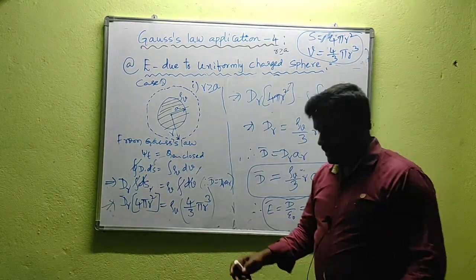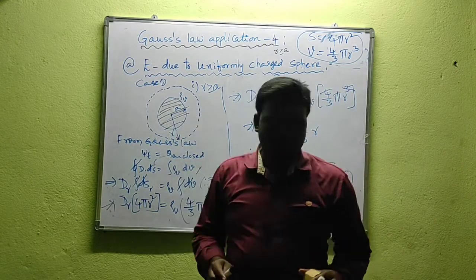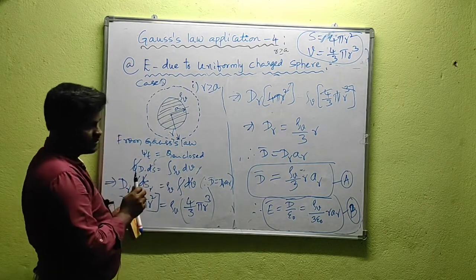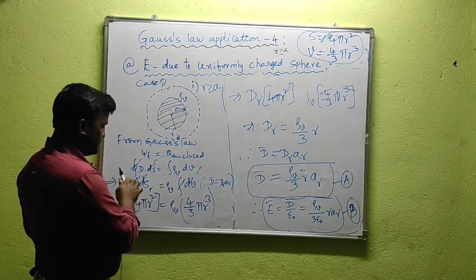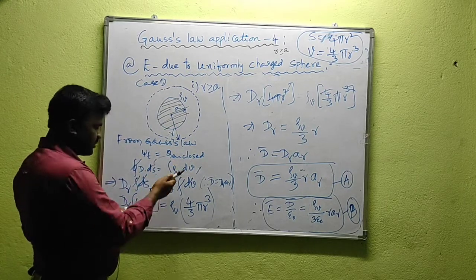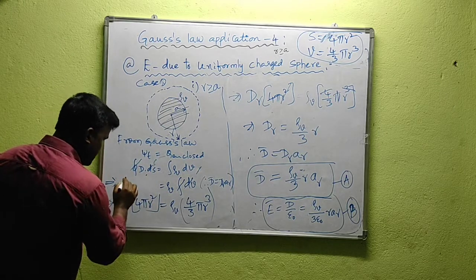Now tell me, what about the enclosed region? This black one is the enclosed region. From Gauss law, we have ψ = Q enclosed, so ψ can be written as the integral of D·dS, and Q can be written as the integral of ρv dv.